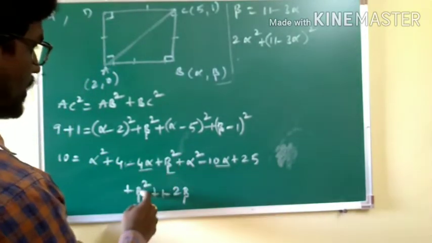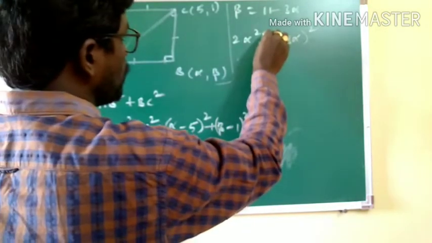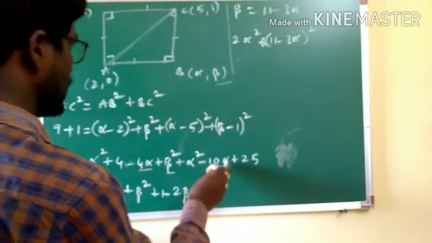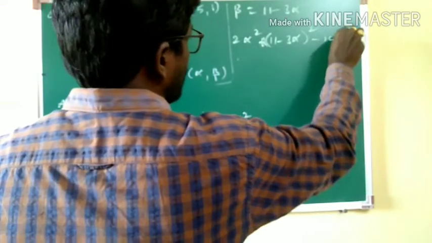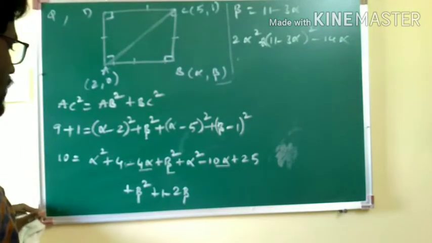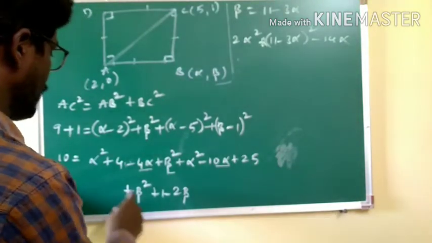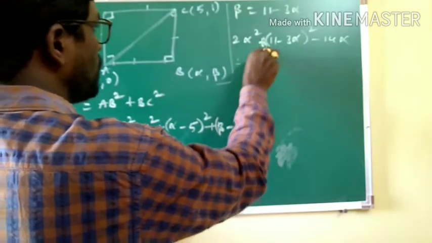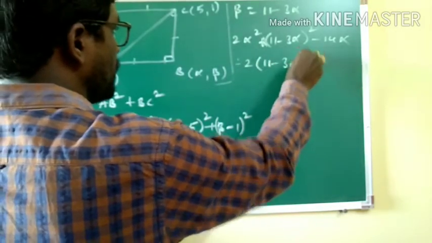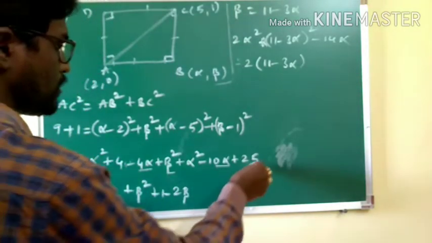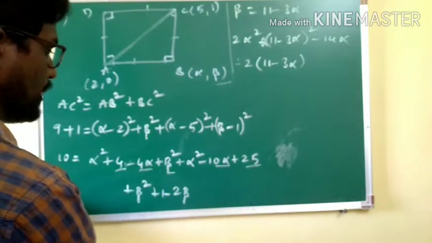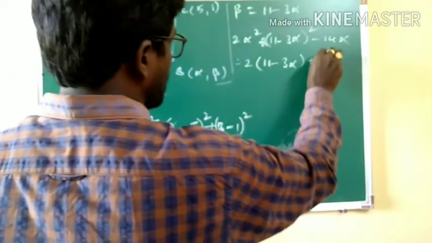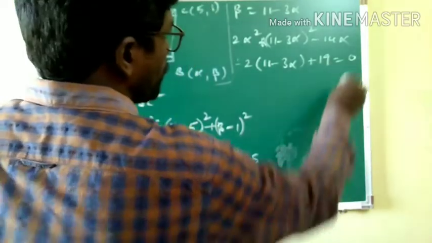Yeah, beta square and beta square, we have 2 beta square, so 2 into 11 minus 3 alpha whole square, and minus 4 alpha, minus 10 alpha, minus 14 alpha. And any beta terms? Only one beta term we have, that is minus 2 beta. Therefore, minus 2 into 11 minus 3 alpha, and constants 25 plus 4, 29. 29 on transposing 10 to the other side, we will be getting plus 19 is equal to 0.